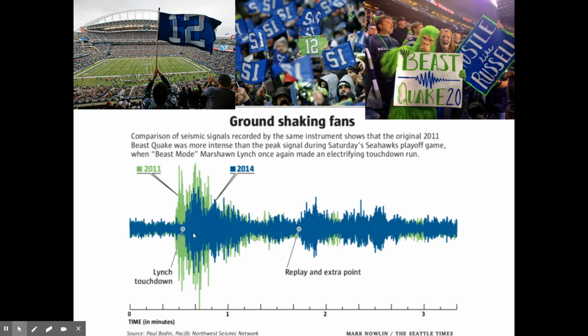So you can see the actual record of that, and when they analyzed this, and when he scored the touchdown, and when the replay happened and they replayed it on the big screen, they all started cheering and jumping down again. So it caused an earthquake, and it happened again in 2014 as well. I'll show you a video of that right here.